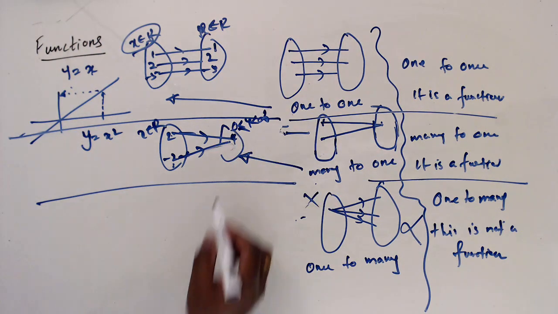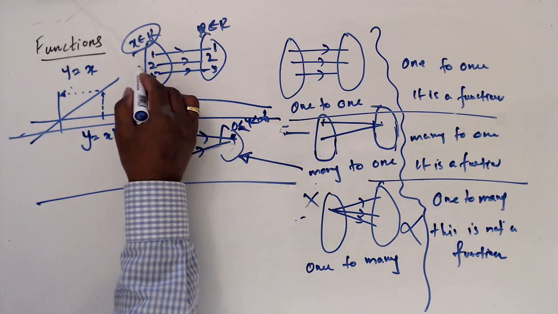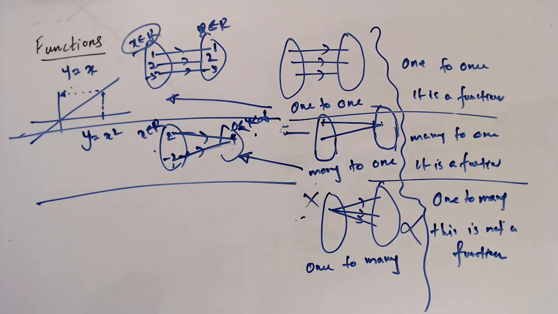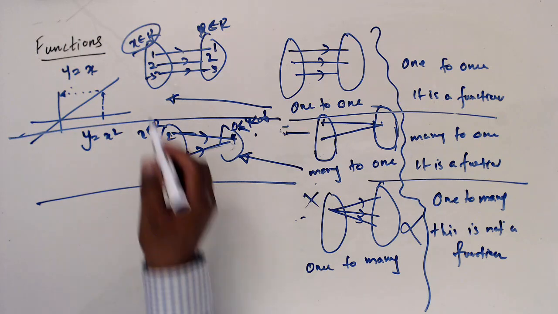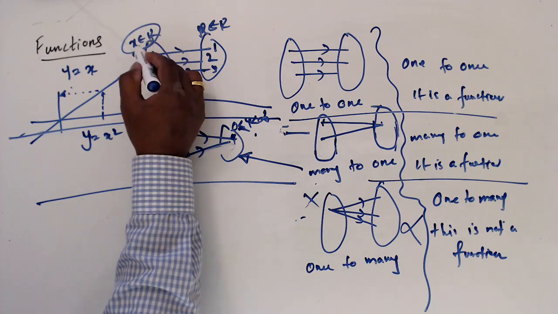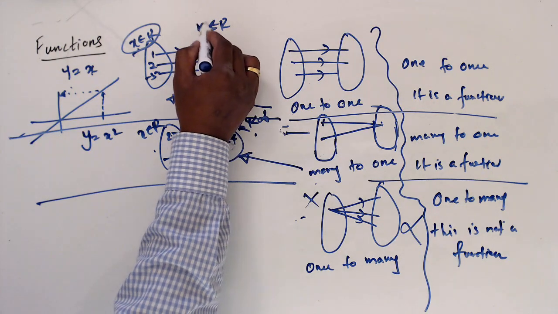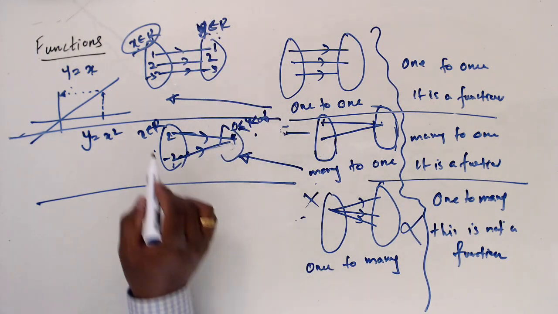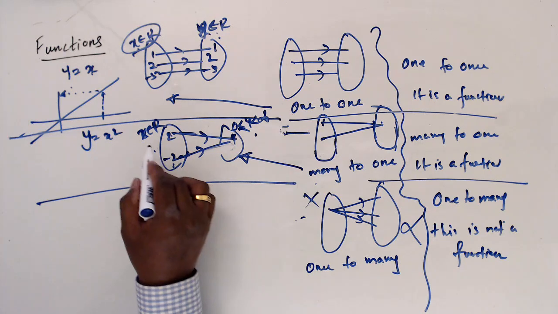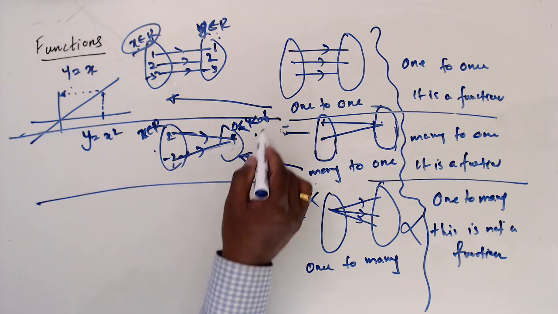So this is the domain, this is the range. If I explain again, the domain is x an element of real numbers, the range is y an element of real numbers. Here x is an element of real numbers, the domain, and the range is this.